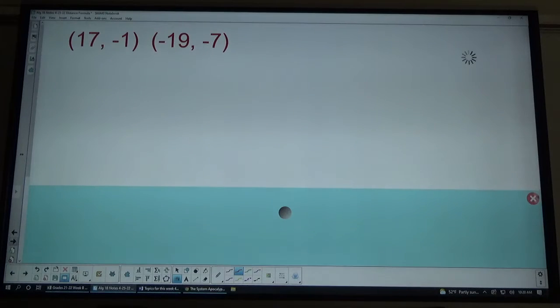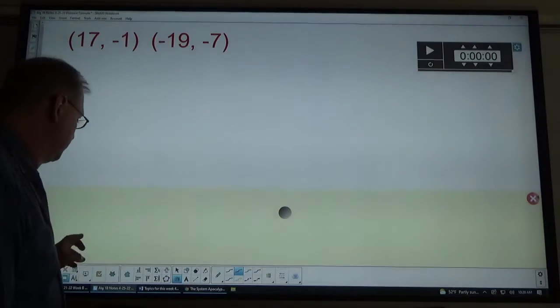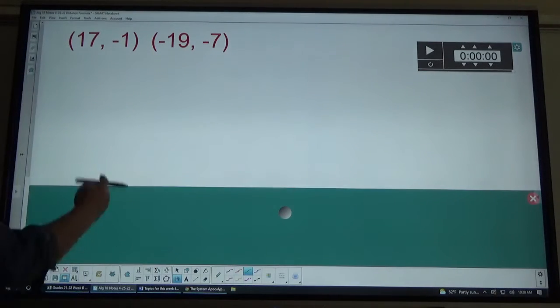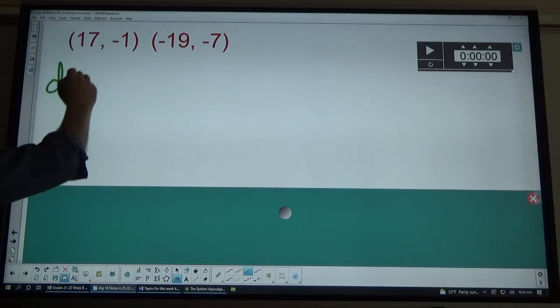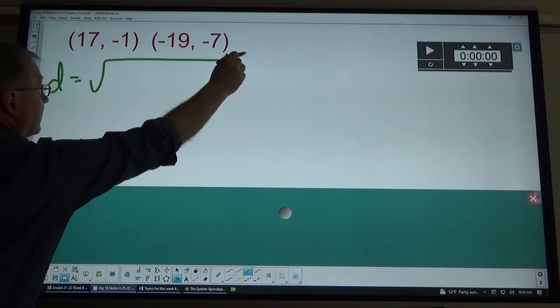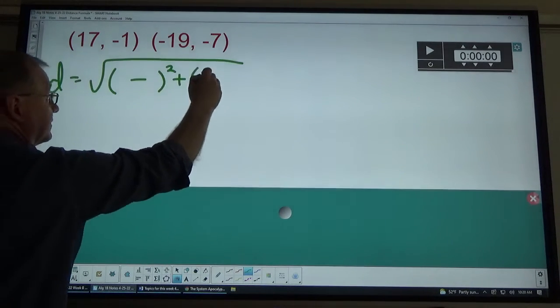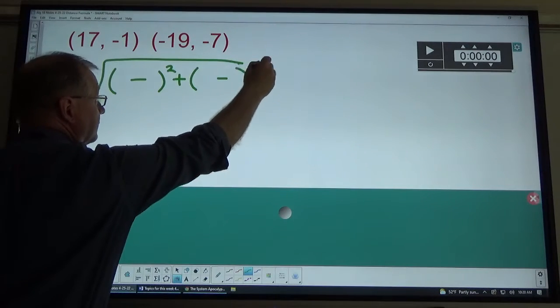Let's check out this next example. Again, square root of parenthesis minus squared plus parenthesis minus squared.